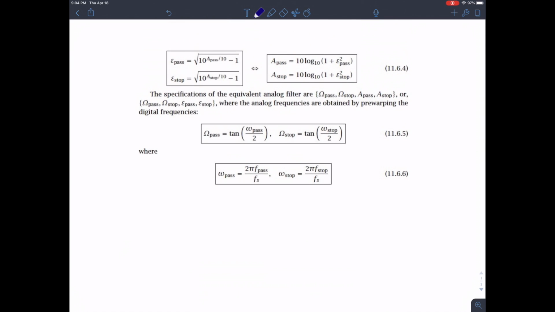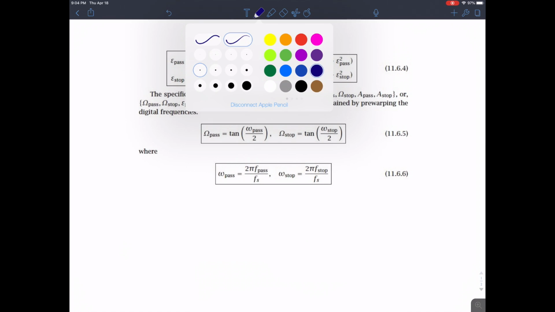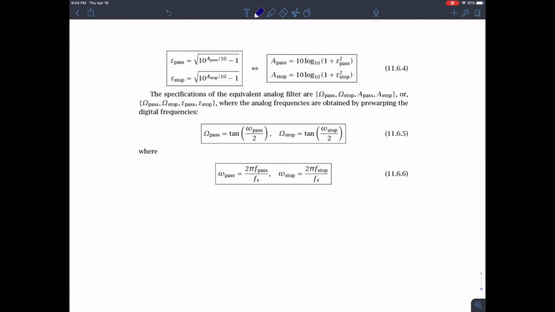What we need to do first is convert the analog specifications to the digital domain. So we find omega pass, that would be 2 pi f pass divided by fs, not f stop.